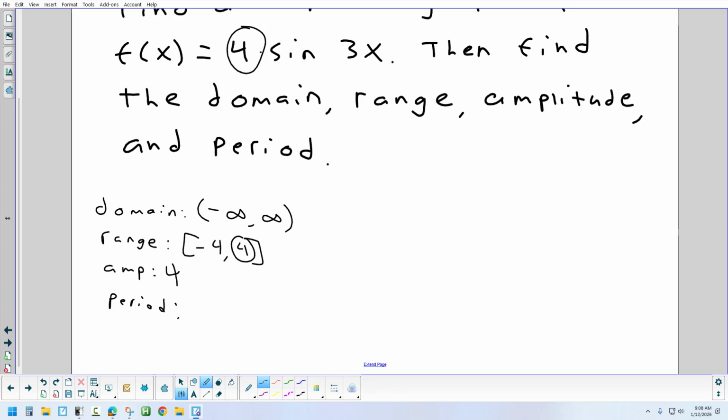And period. Does anybody remember the formula to find the period? I think we used the letter T. It's T equals, and then we add a formula.